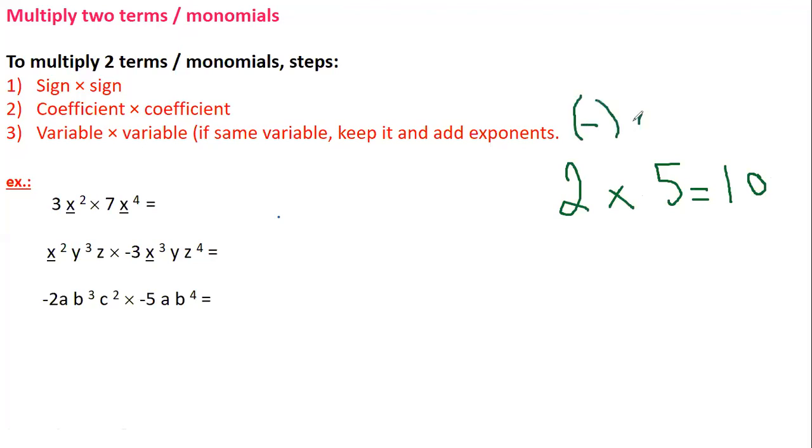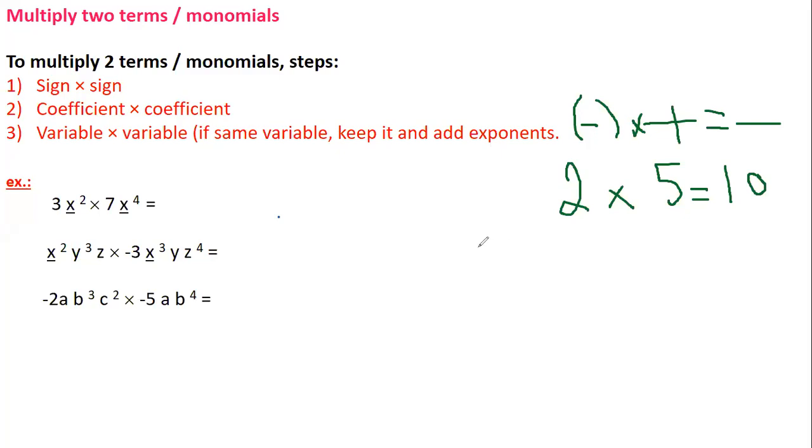If you have negative times positive, what is the answer? Negative. So you know how to multiply signs, right? Yes. We all know how to multiply signs and how to multiply numbers. What I'm going to teach you now is how to multiply variables. We know it from the powers lesson.